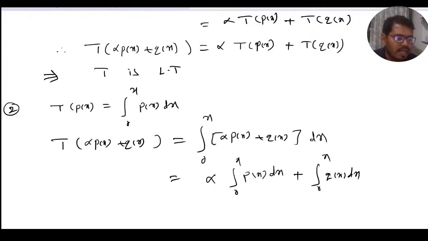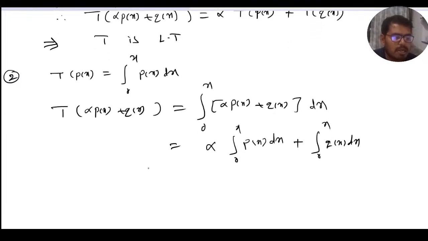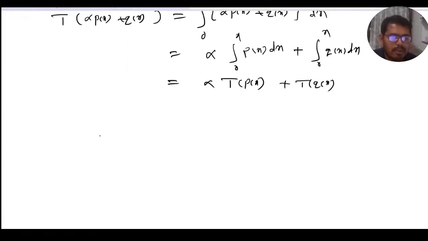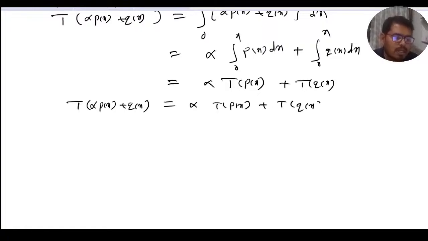By using the definition of T, that is equal to T of integration from 0 to x of p of x, which means T of p of x, plus integration from 0 to x of q of x, which means T of q of x. Here we take T of alpha p of x plus q of x, which is alpha times T of p of x plus T of q of x.